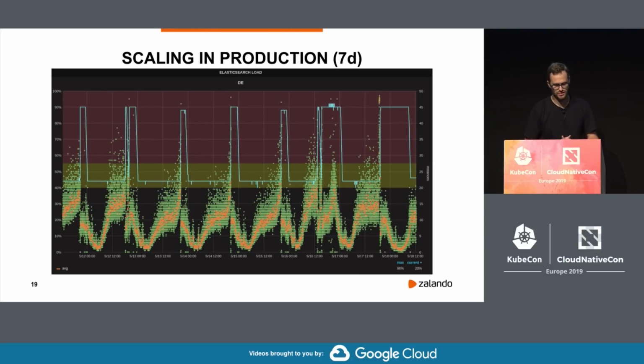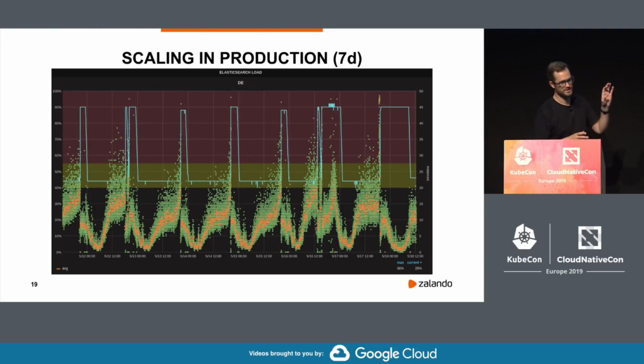Just to show that this actually works in production, this is over 7 days. The green and orange is the CPU usage, so we can scale based on CPU. This fits into our use case. And the blue line is the number of replicas or number of pods in this particular dataset.